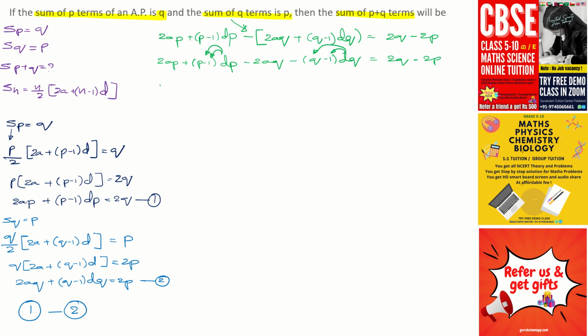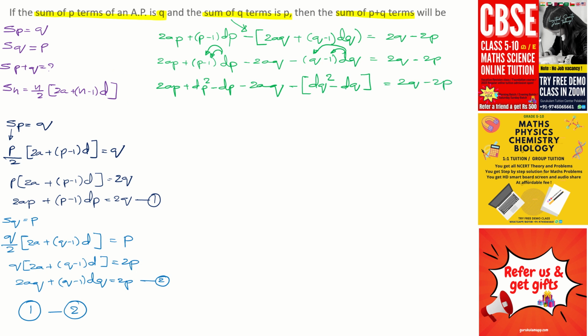Okay, so it is going to be 2ap plus dp square minus dp minus 2aq, and there is a minus here, and before that, put a bracket here. So dq into q, it is going to be dq square minus dq, equal to 2q minus 2p.